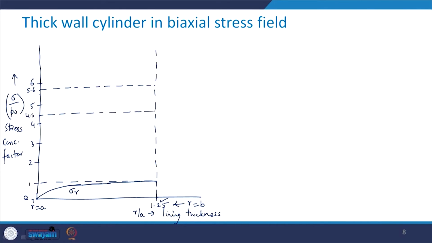This is your 4.5. So, at R equal to A, it is 5.6, and then it goes to 4.5 when R equal to B, that is your B by A I have considered as 1.25. So, its variation will look like this. So, this is the variation for sigma theta.